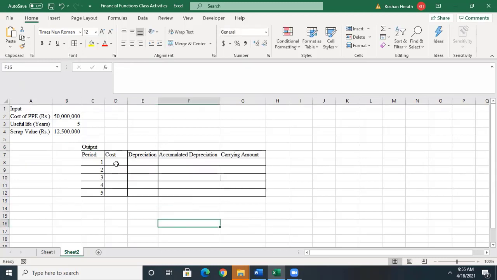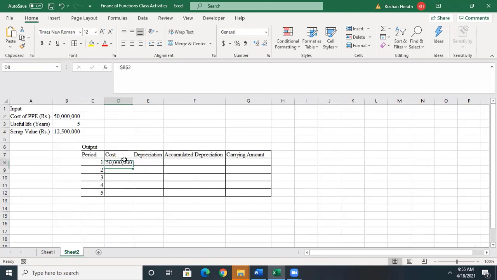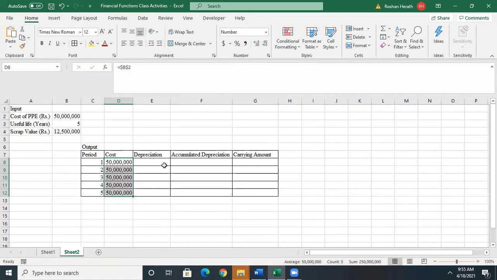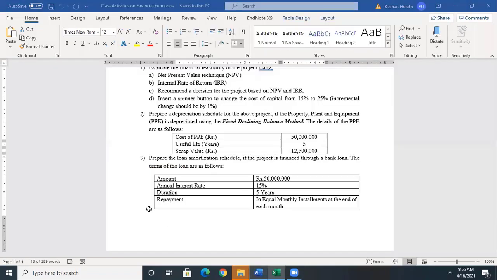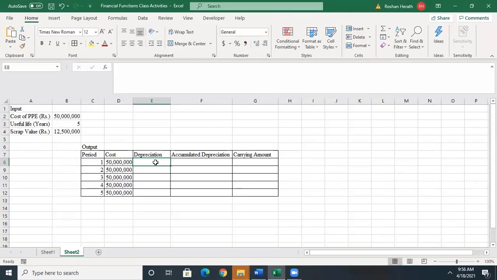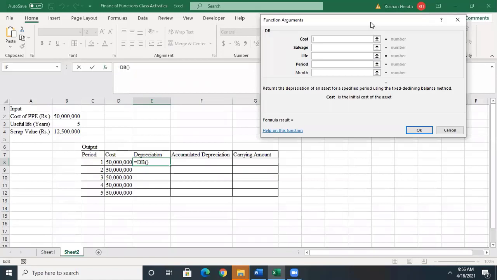Okay. So then cost, you can easily refer that, and it's not going to be changed throughout the project. So therefore make it constant and drag them down. And most importantly, when it comes to the depreciation, this is where you have to apply the relevant depreciation. It says that it is fixed declining balance method. So the function is DB, declining balance. Then you can input the relevant information.